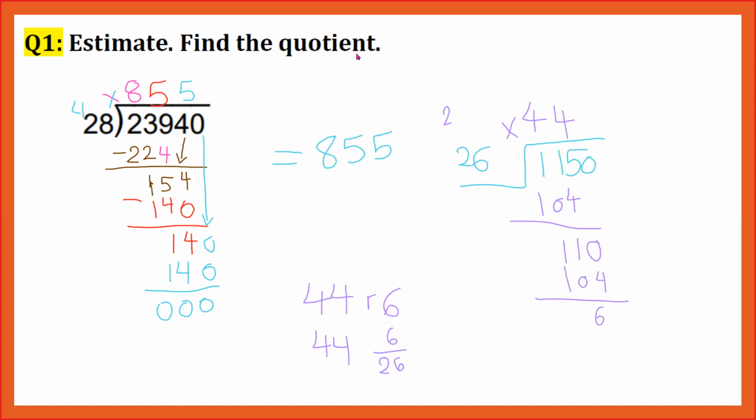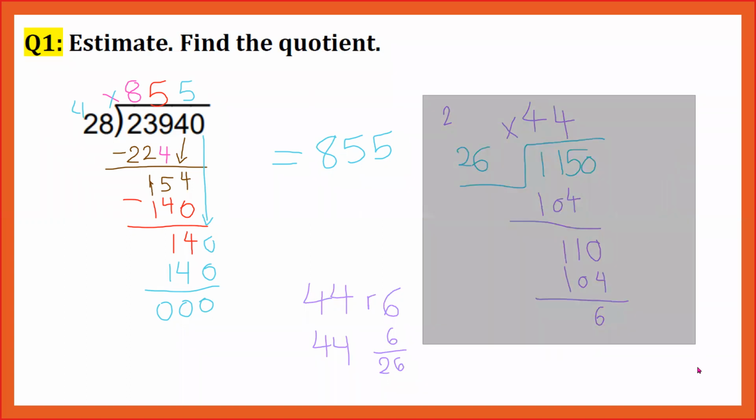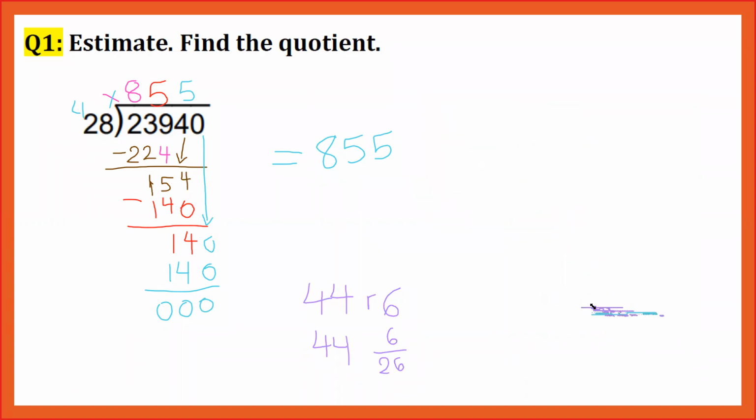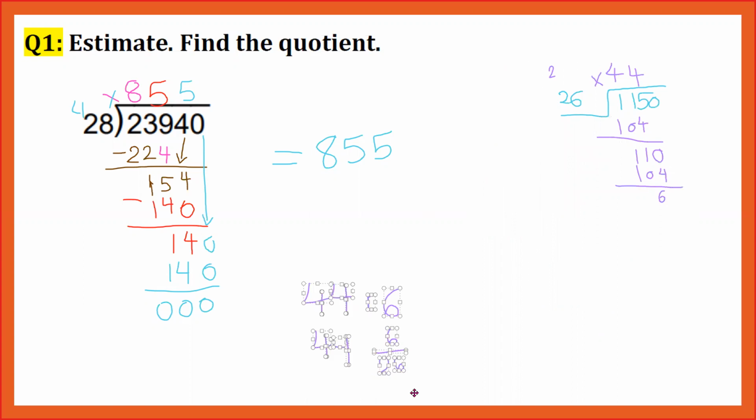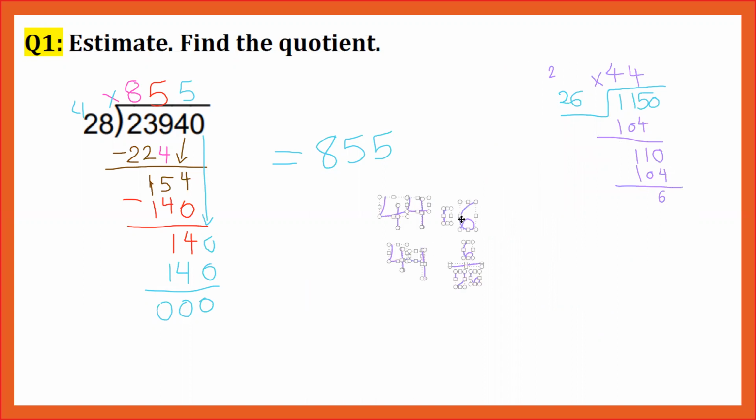So here, as you see, we have 2 ways to write the remainder. I will repeat them now. First, you can write the quotient, which is 44, R for remainder, 6.